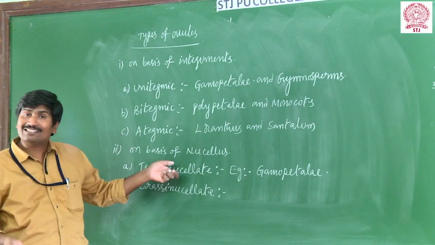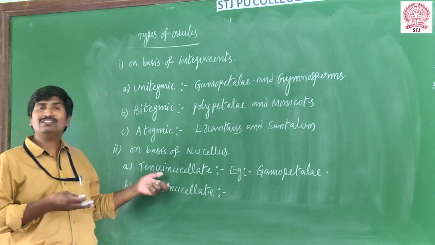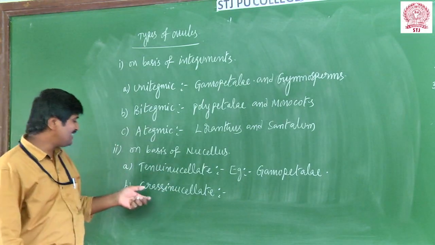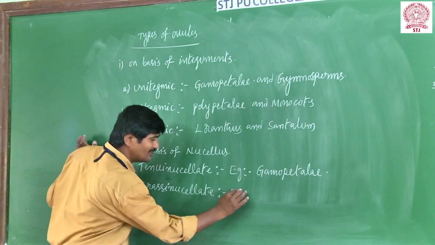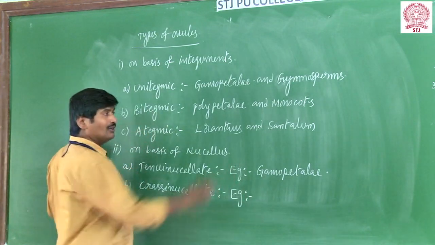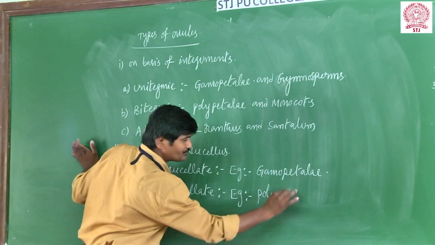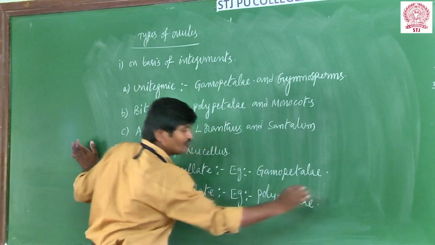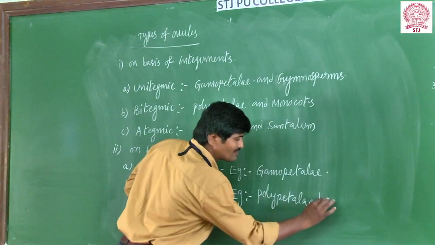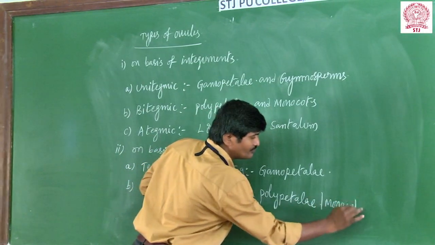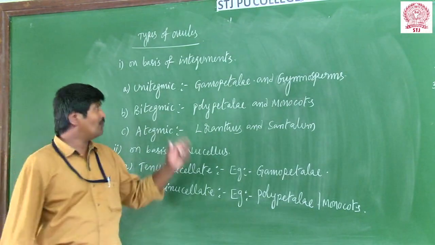See here, in tenucellate the nucellus is less developed. Here the nucellus develops from many layers, that is known as crossing-nucellate. Examples for crossing-nucellate ovule: polypetalic and monocots.